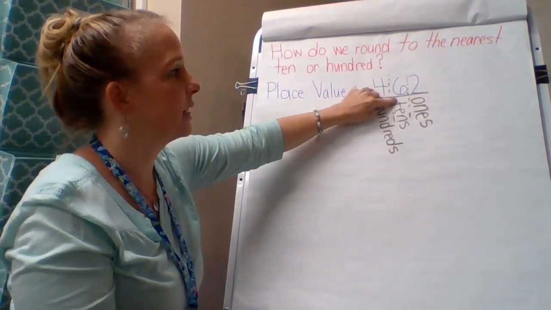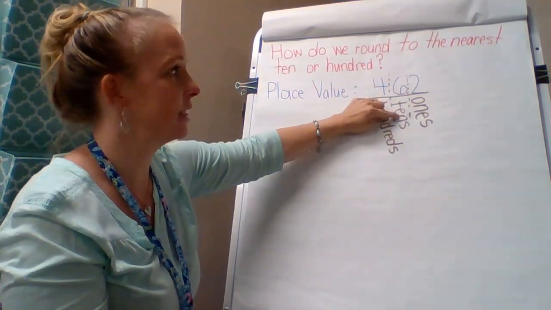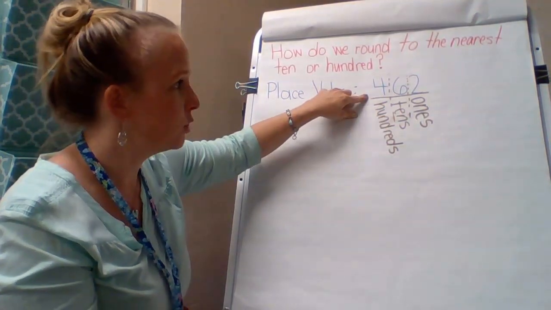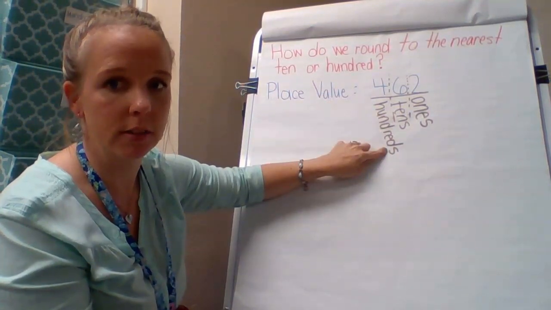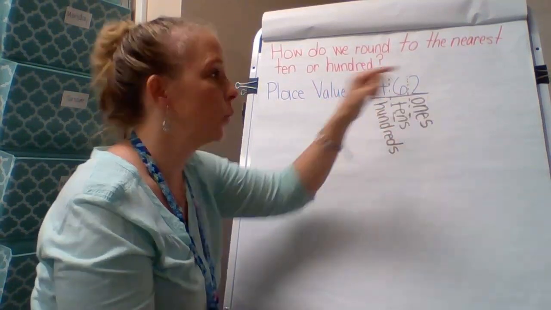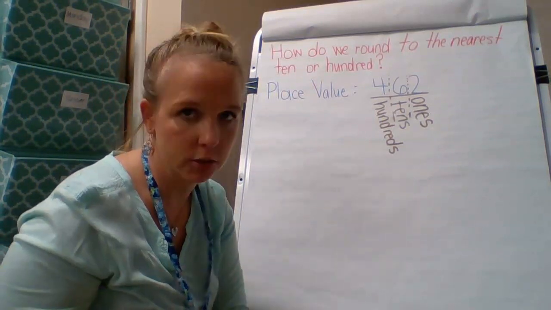Now this is in my tens place, and I have 6 of them. So if I had 6 tens, this represents 60. And then in my hundreds place, I have 4 hundreds. So this represents 400. 462.